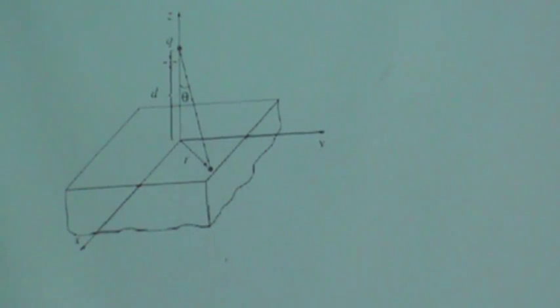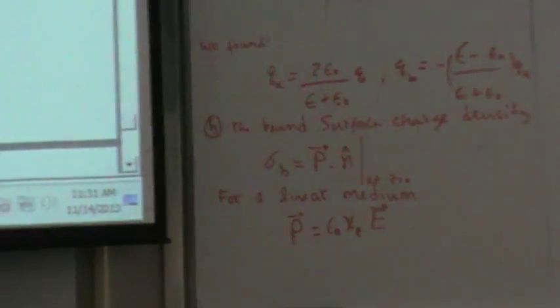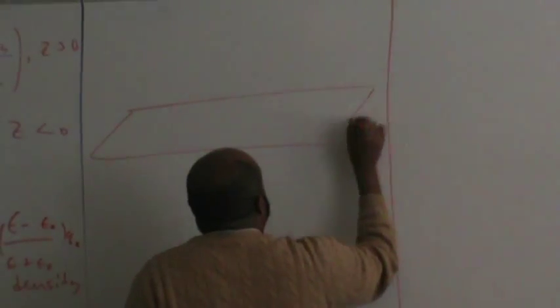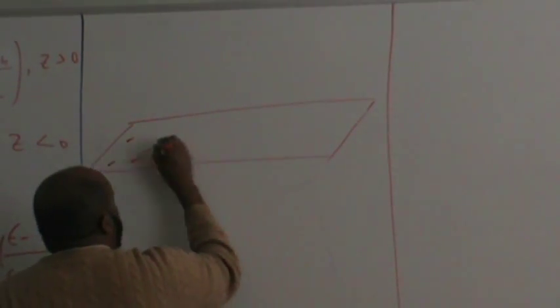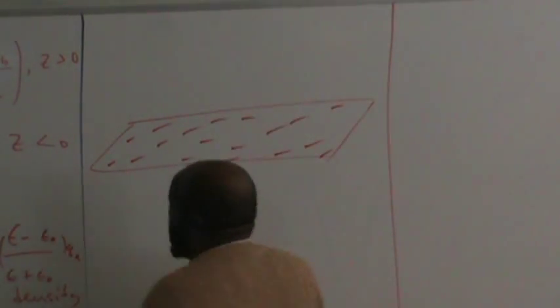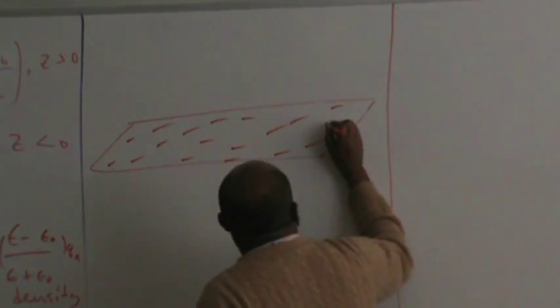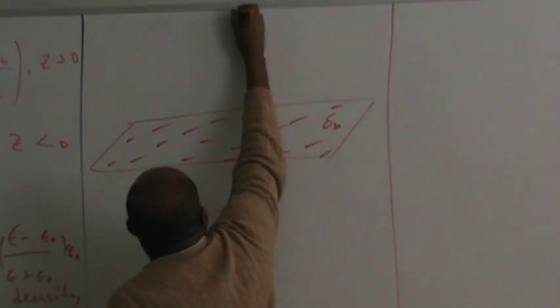Now, let's assume that the bound surface charge density here is sigma b. Assuming that it's sigma b, basically the situation can be reduced to this: an infinite surface charge that's not uniformly distributed, a negative charge sigma b, and your point charge along the z-axis, okay?